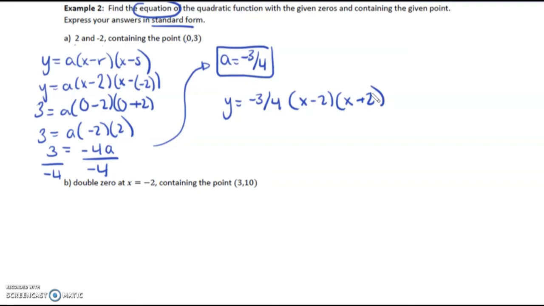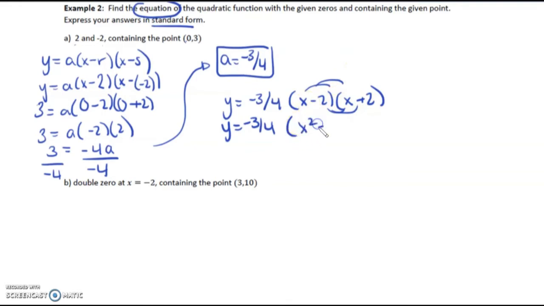Now this question wants us to express this in standard form, so what we have to do now is expand. Let's bring down the negative 3 over 4, and expand the two brackets.